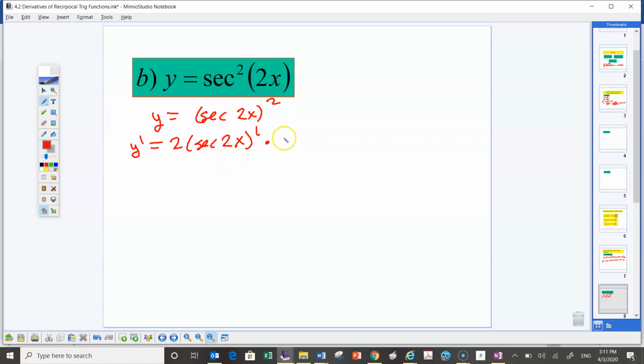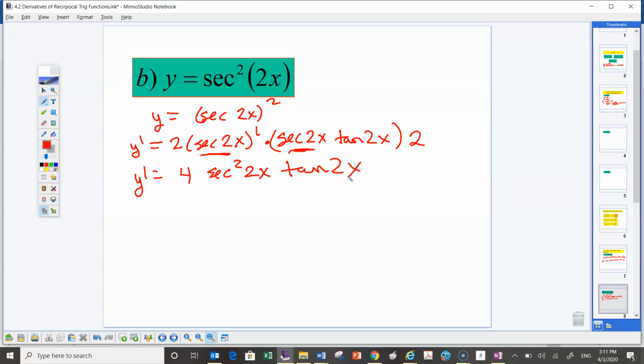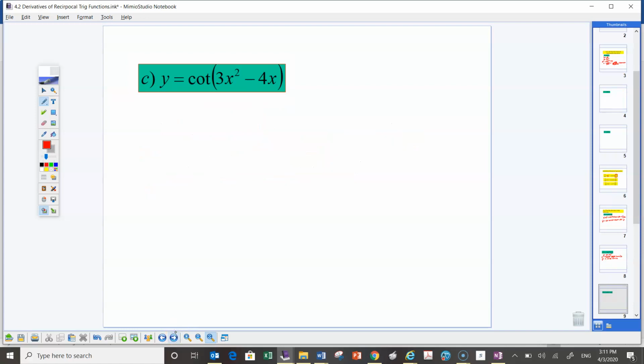Well, the derivative of secant 2x is secant 2x tangent 2x, and then I times everything by the derivative of 2x, which is 2. So now simplifying this, the 2 and the 2 become a 4. This times this is really secant squared 2x, and I still have my tangent 2x, and that would be the simplified answer of that one.